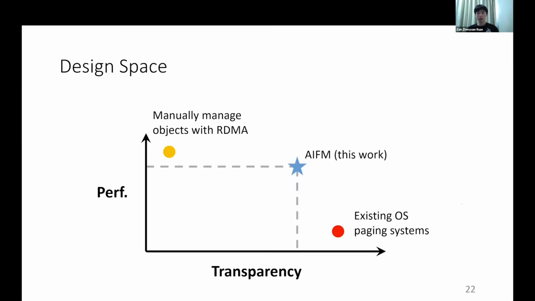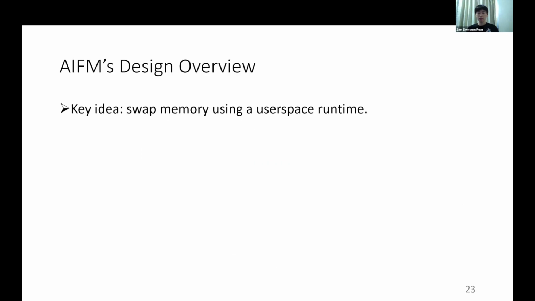In this work, we built AIFM, which sacrifices some transparency, but achieves significant performance improvements. Let's take a look at how AIFM achieved this. The key idea of AIFM is to swap memory using a userspace runtime instead of OS paging. Therefore, it's possible to achieve significant performance improvements.